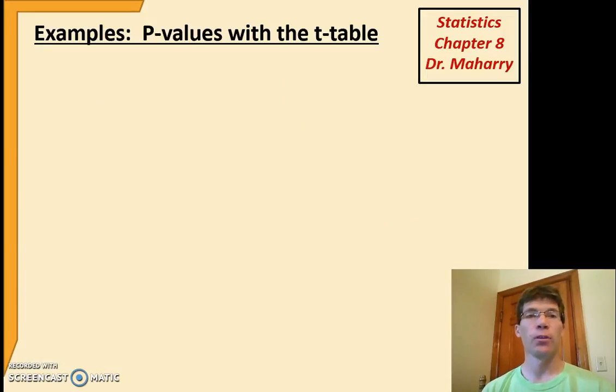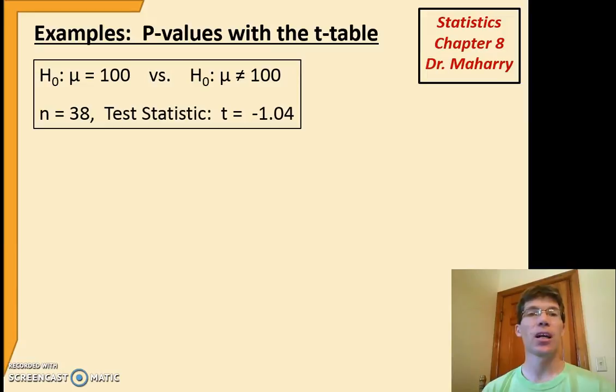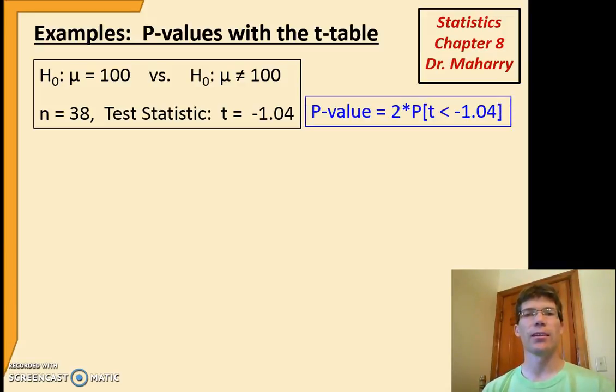So one more example. Suppose I'm testing the mean is 100 versus the mean is not 100. So here we have a two-tailed test. Suppose n is 38 and we calculate a test statistic of negative 1.04. So since this is a two-tailed test, we're going to find the probability of t less than negative 1.04 and double it.